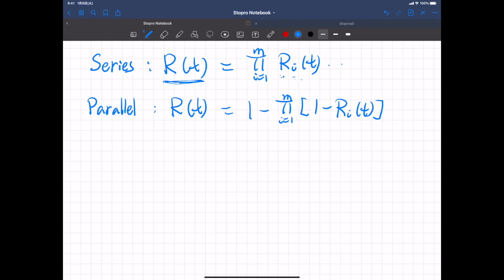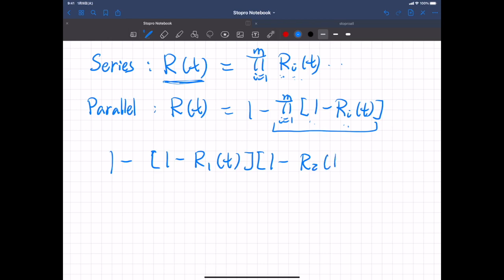So the system fails. And in the case of parallel system, even if one of the reliability functions becomes 0, it's okay. In that case, one factor will be 1, but every other factor will be less than 1. So maybe the two component case would look like this: 1 minus (1 minus R1)(1 minus R2).